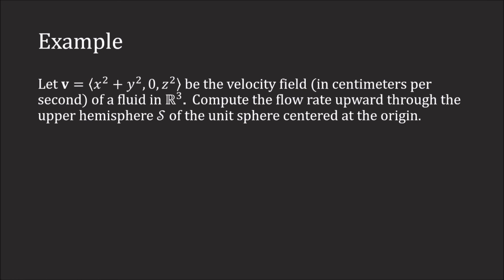Right, so let V be this vector here, measured in centimeters per second, of a fluid in R3. We wish to compute the flow rate upward through the upper hemisphere of the unit sphere centered at the origin.